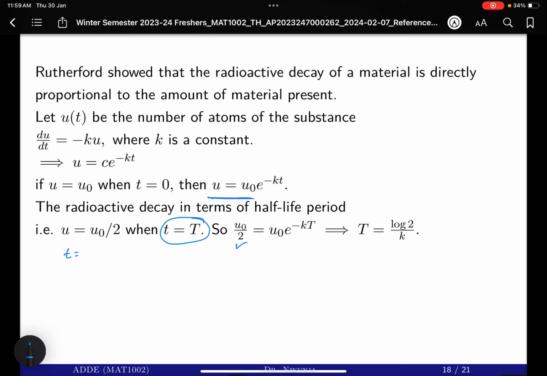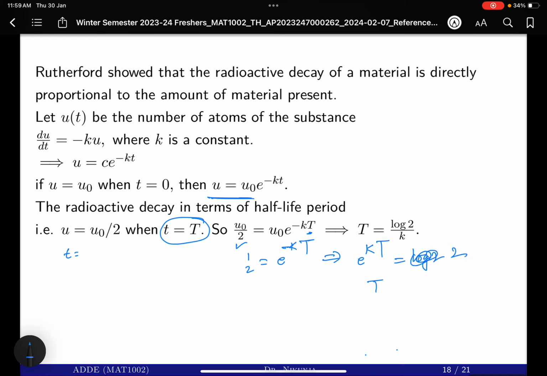u0 by 2 is equal to u0 e power minus k into capital T. So from here, half is e power minus k capital T. Okay, so from here e power k capital T is equal to 2.